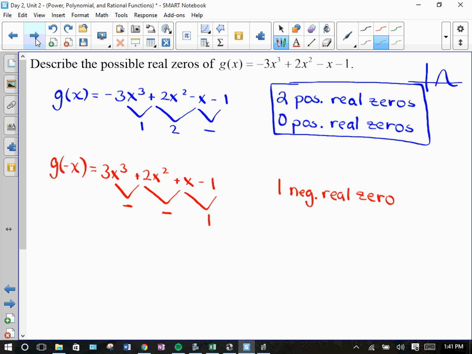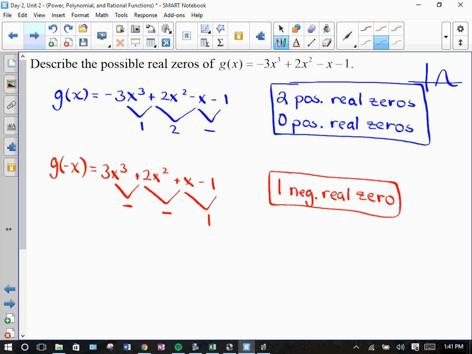Right? So I can't subtract 2 from here, because I can't have negative 1 negative zeros. That's impossible. So that tells us that we know for a fact that this graph crosses the x-axis on the negative side one time. It has to.